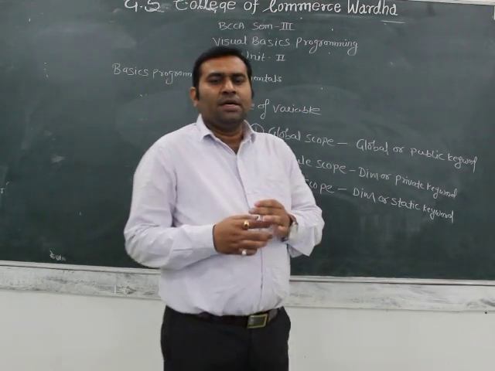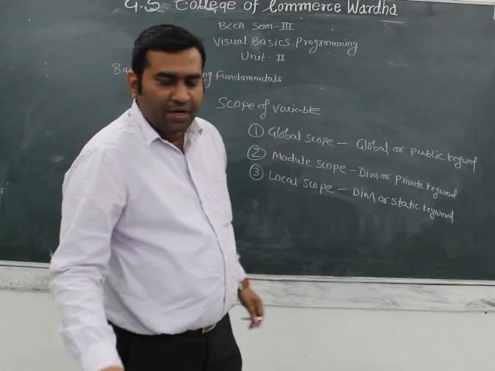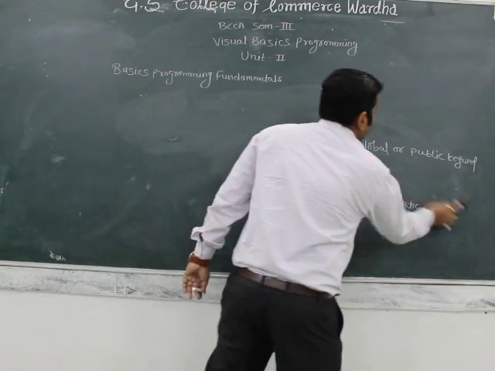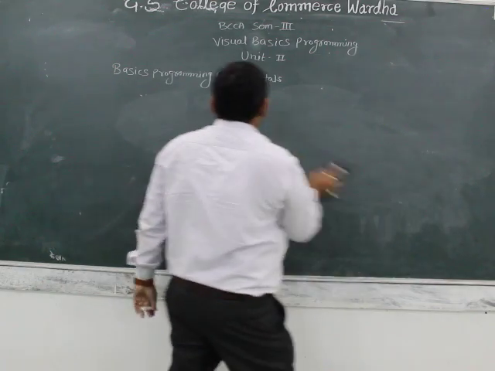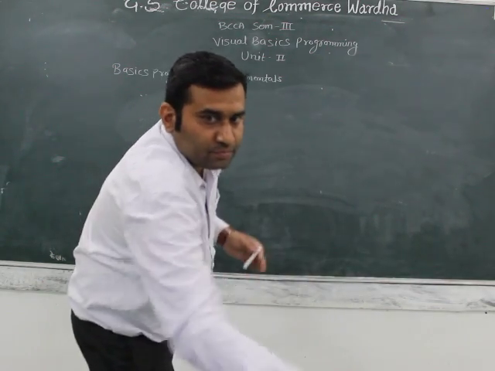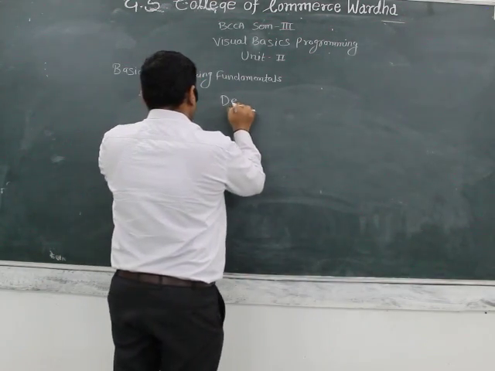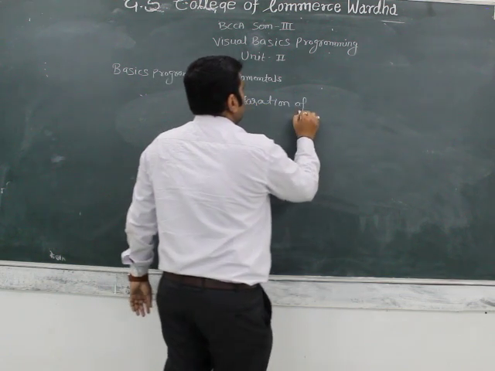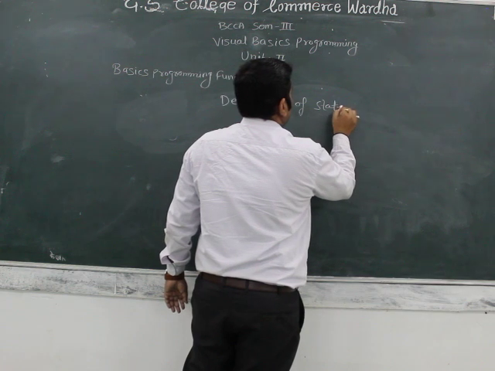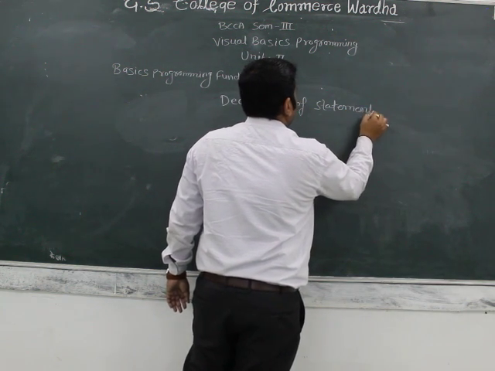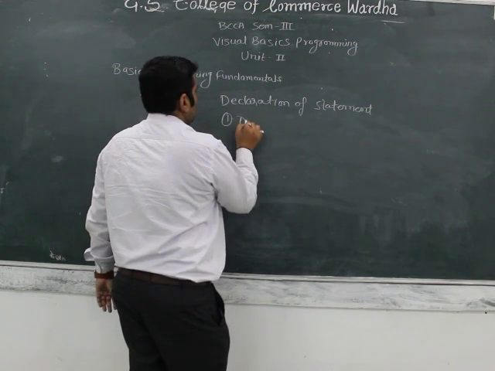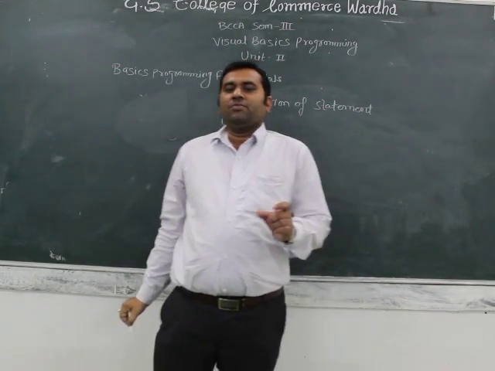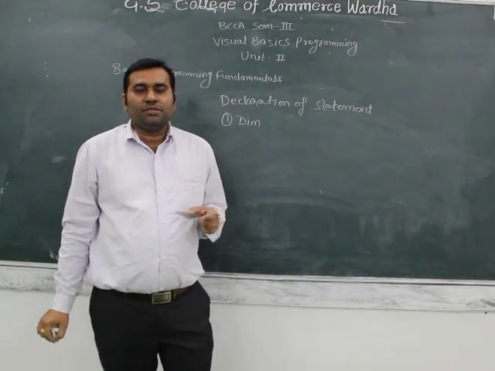Next is the declaration statement. How to declare a variable? Dim statement, static statement. First, dim declares the variable and allocates the storage.